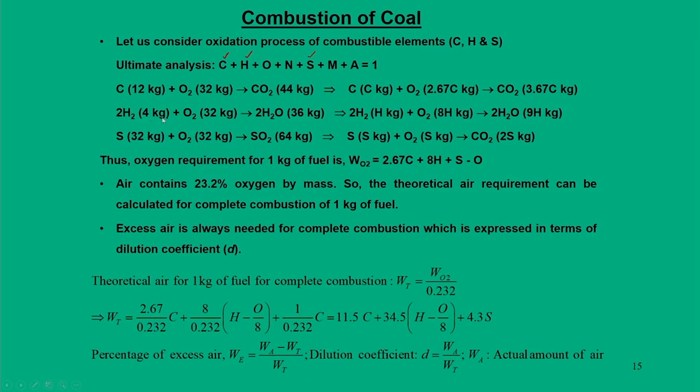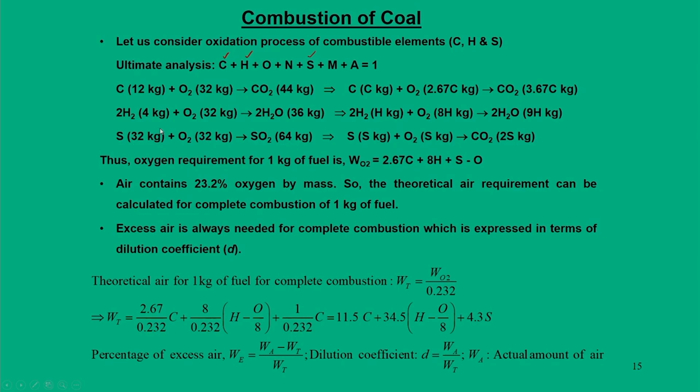Similarly, for hydrogen and oxygen combustion, we require 4 kg of hydrogen with 32 kg of oxygen to give 36 kg of H2O. Likewise for sulfur, we require 32 kg of sulfur and 32 kg of oxygen, which gives SO2, sulfur dioxide, that is 64 kg.